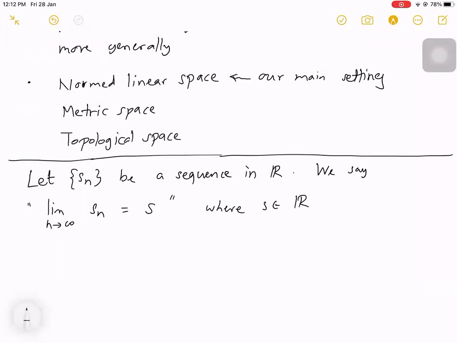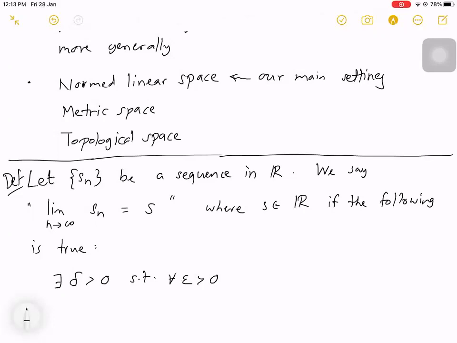Okay, if the following happens. And so this is, of course, a definition. So what's the definition? All right, so I'm going to write something. There exists a delta greater than 0 such that for all epsilon greater than 0.